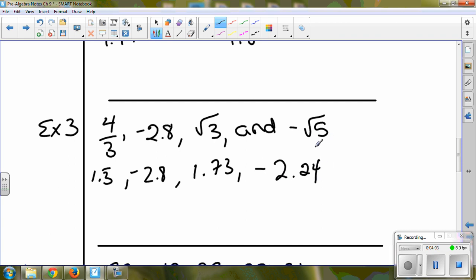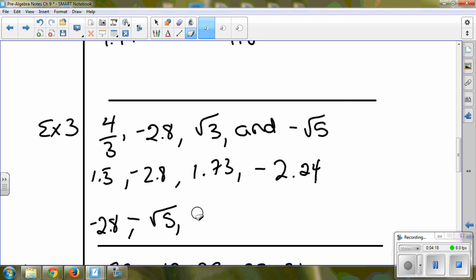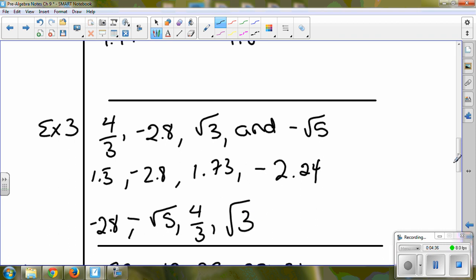If we put these in order from least to greatest, negative 2.8 is furthest to the left, then negative square root of 5. These both have a 1, but then the 3 is smaller than the 7, so it comes next, and I should write that in the original form of 4/3. And then we have square root of 3 here.